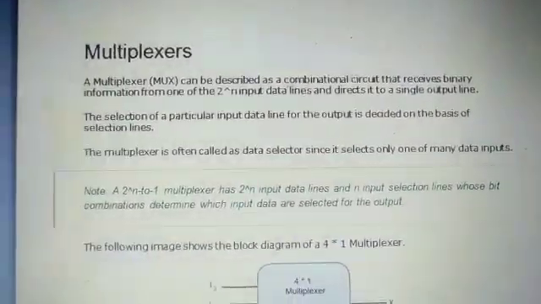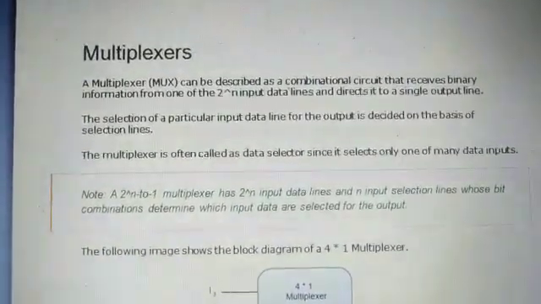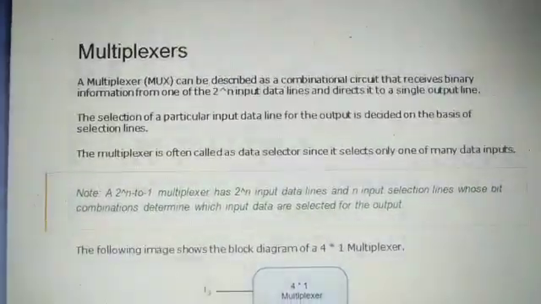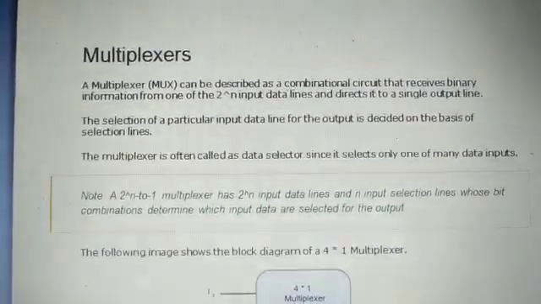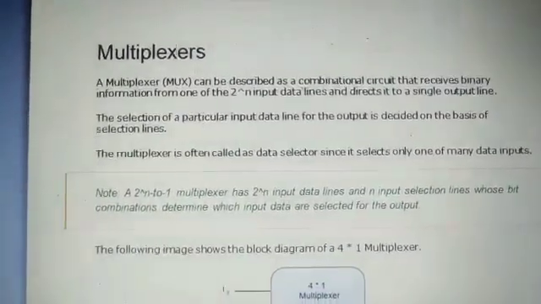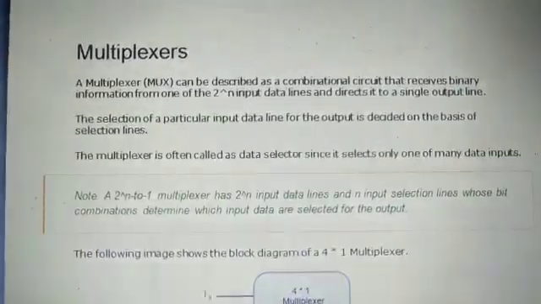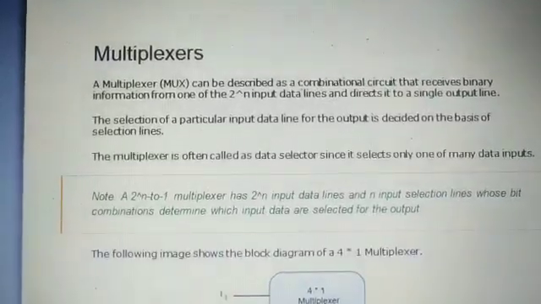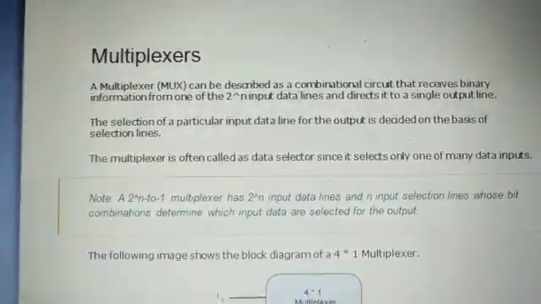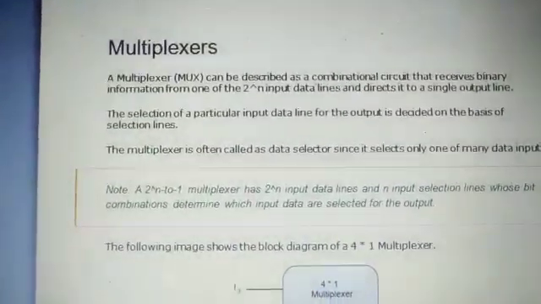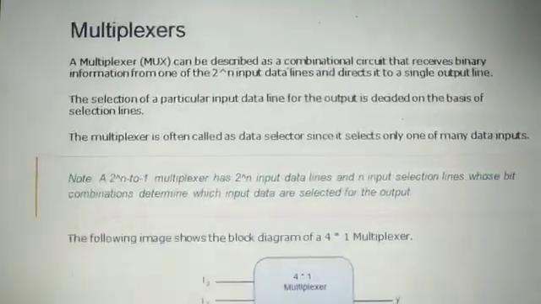So from the several sources, it will select only one depending upon the criteria. The criteria is the select line. Select line will help to choose among the several sources, and from the chosen source, it will transmit the information to the receiver through a single line.